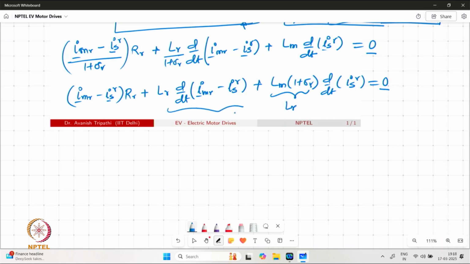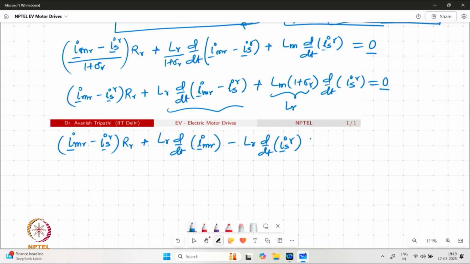So if we expand the second term, we have the possibility of the two terms getting cancelled over here.